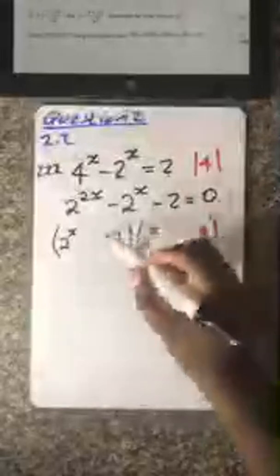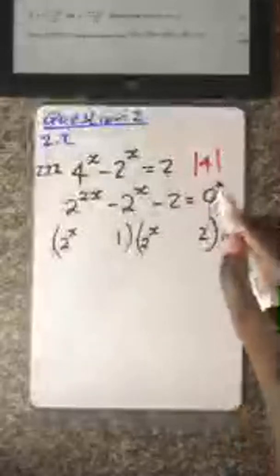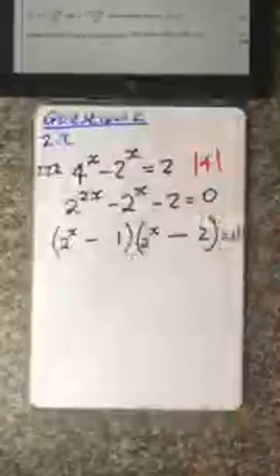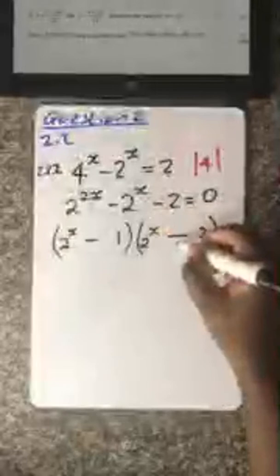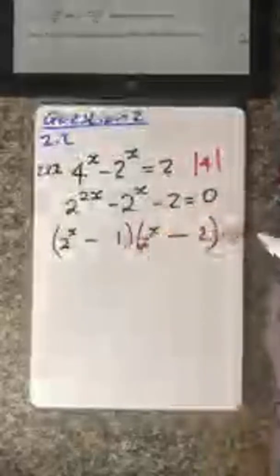So now, should I have minus and minus? The answer to that is no. If you have a minus and a minus, that means you're going to multiply negative 1 by negative 2, which is going to give you a positive 2. It won't work because your third term is negative 2. Either you have a positive sign there or a positive sign there.